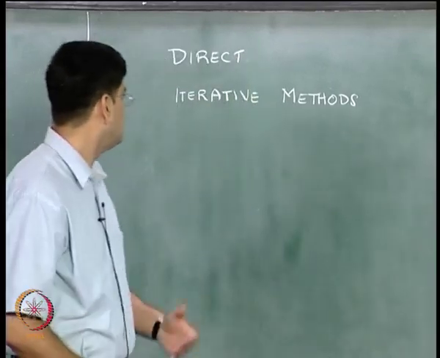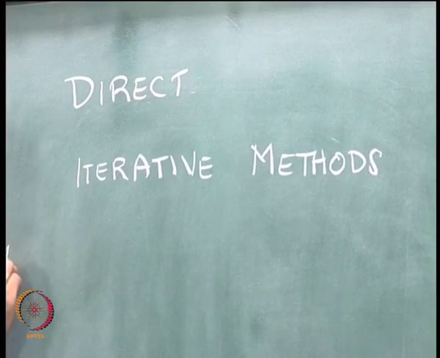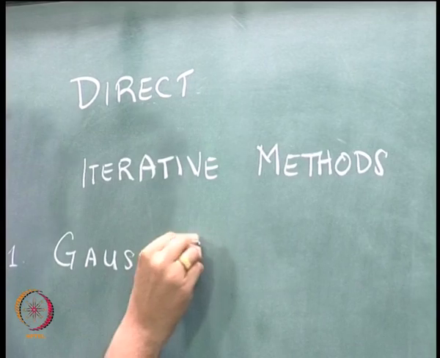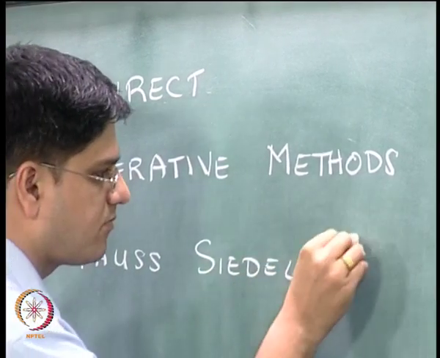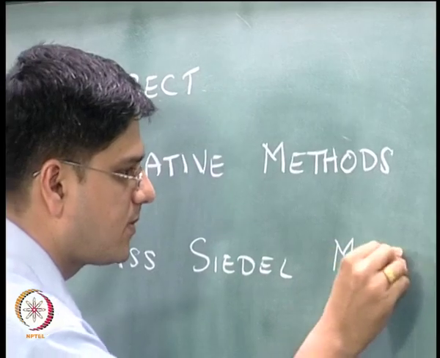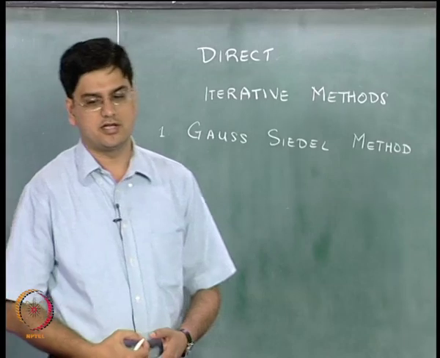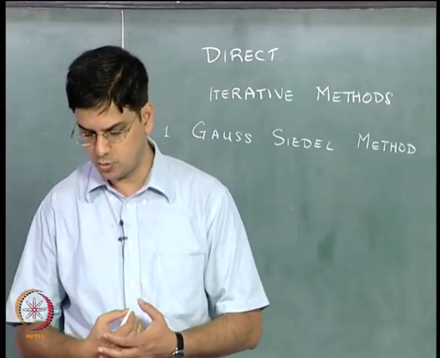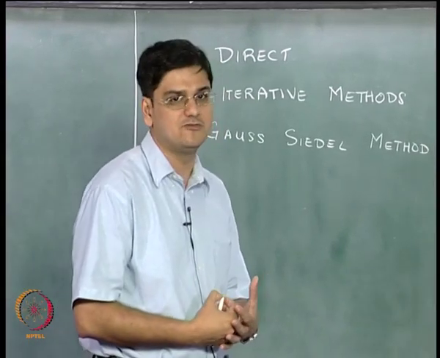The first example that we will start off with is known as the Gauss-Seidel method. I will take a relatively simple example of two equations in two variables, and I will show you how the Gauss-Seidel method works.